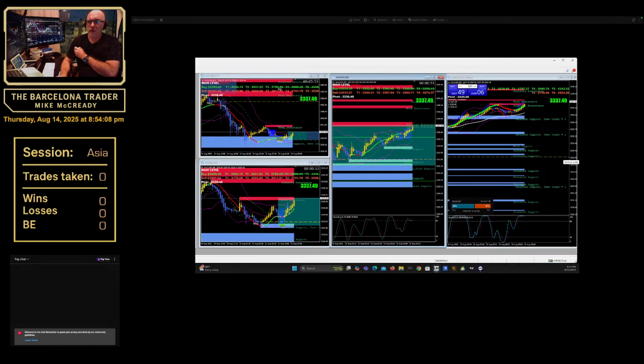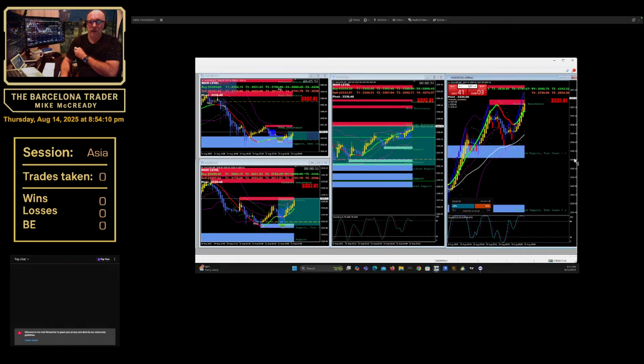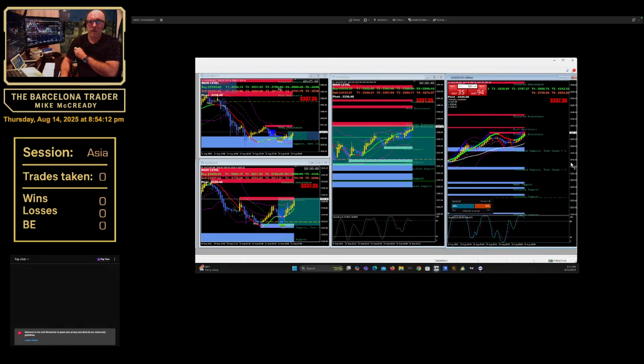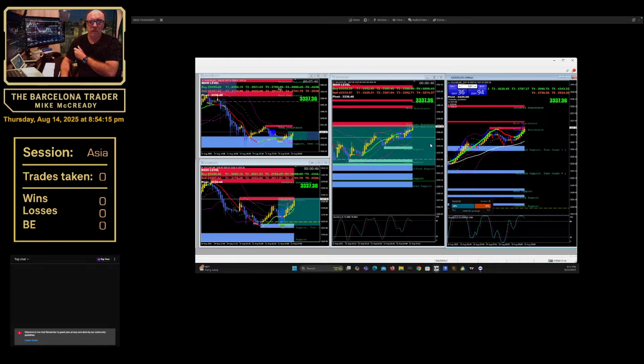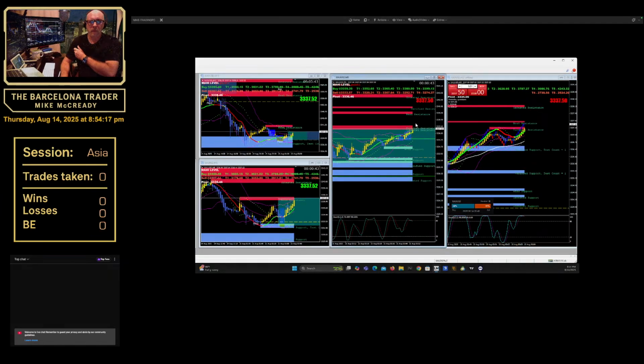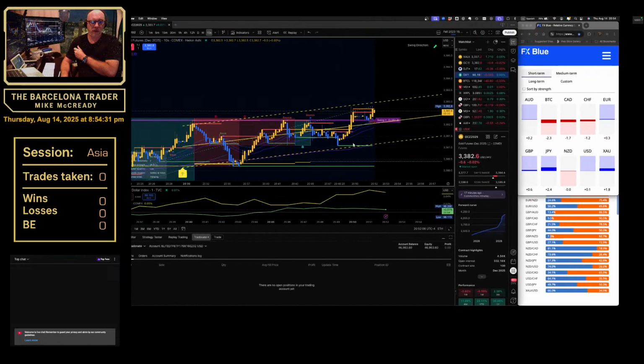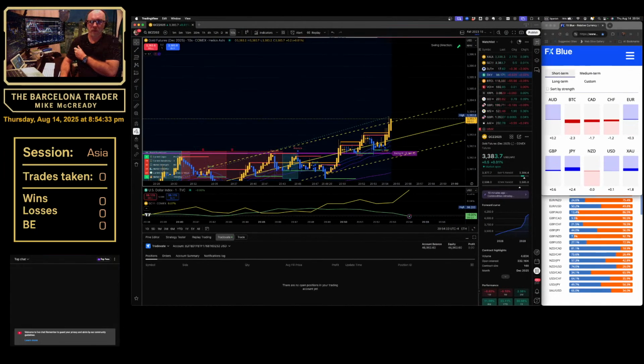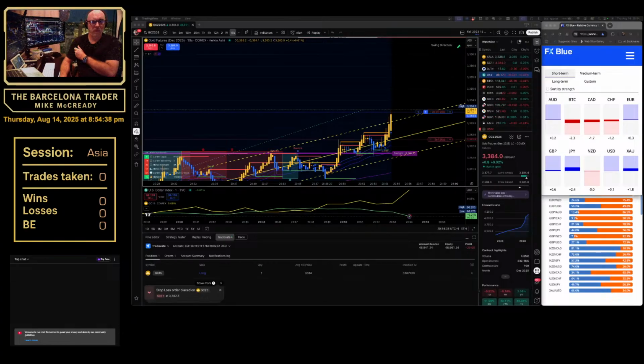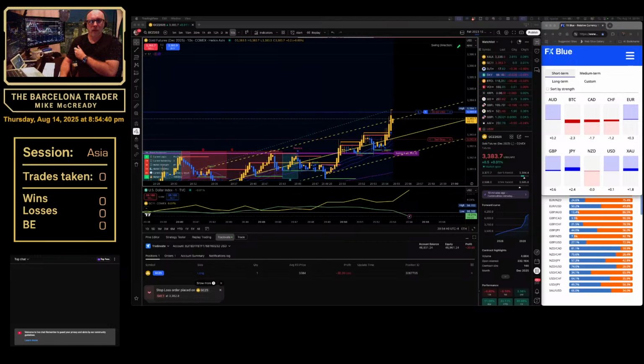Okay, looks like it's trying to move up through there. That is a good sign. I think if we bust through this one with some decisiveness, it's looking like it's trying to do that now. Let's see. I added a buy.